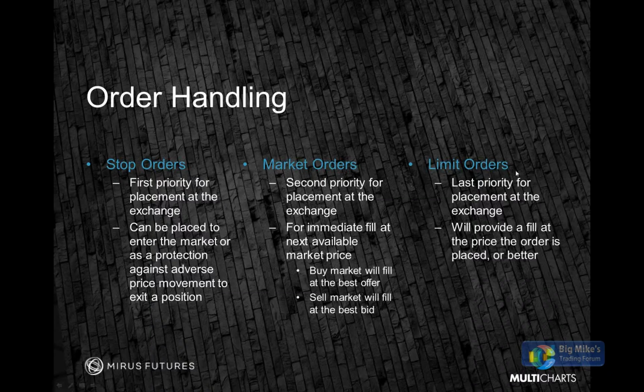An example of why they get the last priority is if you're placing a limit order 20 points away from where the market's currently being traded, it obviously doesn't need to get to the exchange as quick as a market order. Limit orders will provide a fill at the price the order is placed or better. So if there's a better price available at the time that you place your limit order, it's going to fill at the better price.